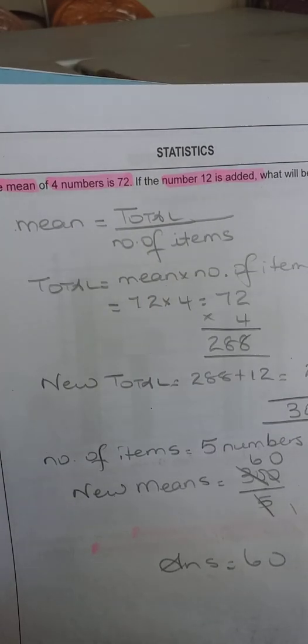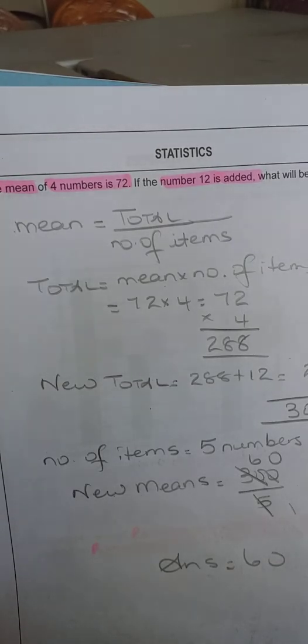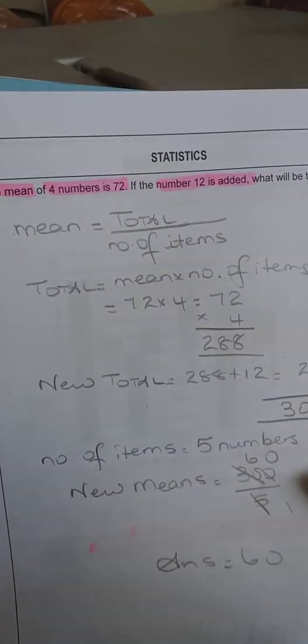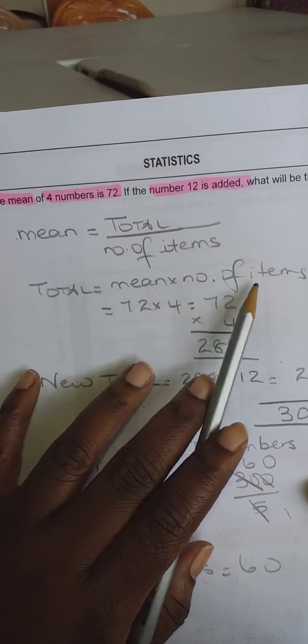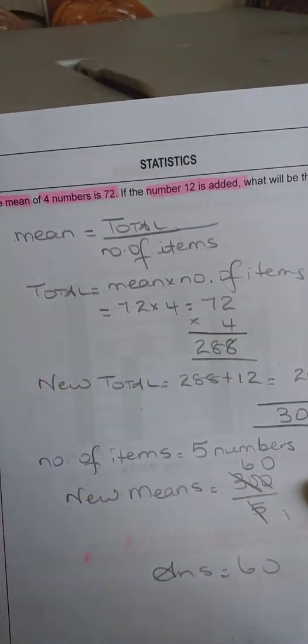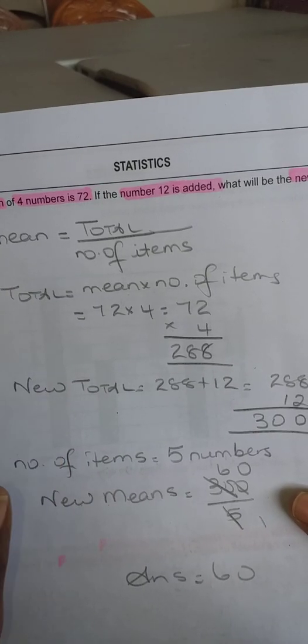So before we could find the new mean, we need to find the total. If you're telling me that the mean is 72 for 4 numbers, I find the total. So I take total is equal to mean multiplied by the number of items. So it's 72 multiplied by 4. When I work it out, I get 288. So my total is 288 for those 4 numbers.